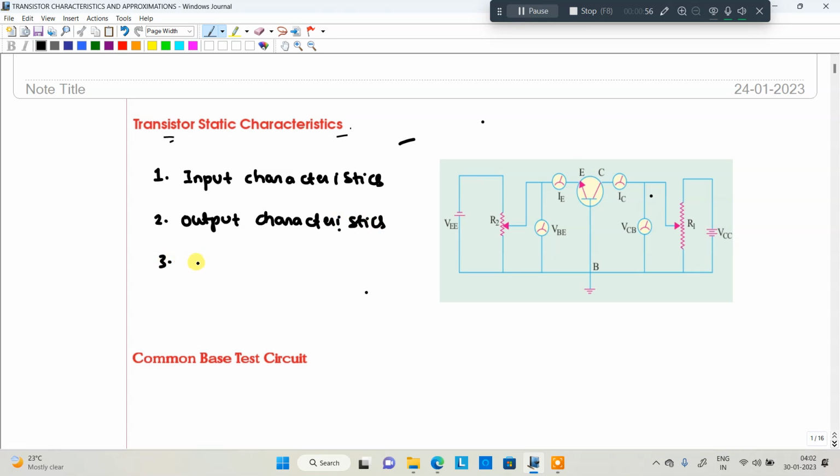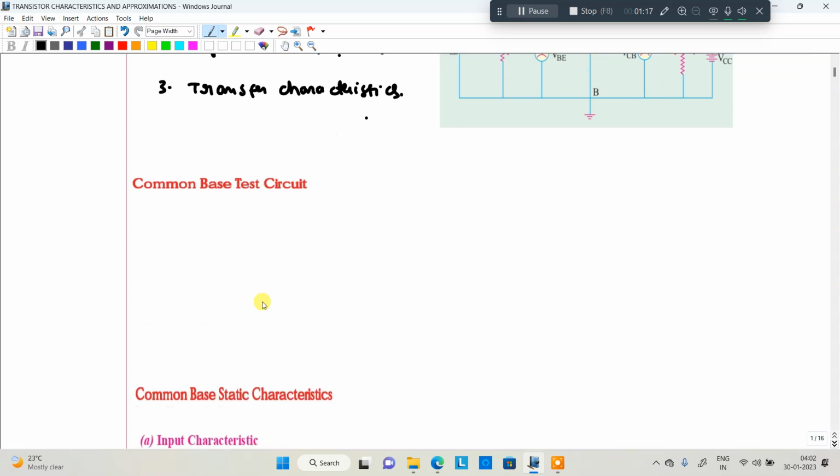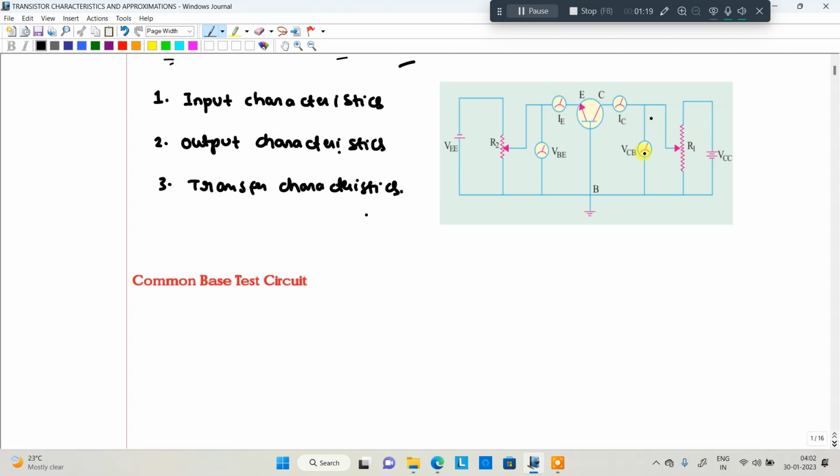The third one is constant current or transfer characteristics. These are the three characteristics we are going to discuss in each and every case. So first we'll start with the common base.